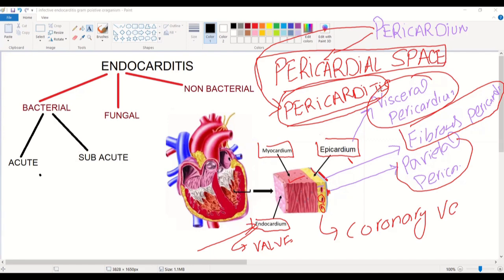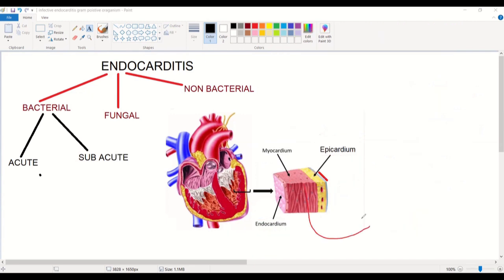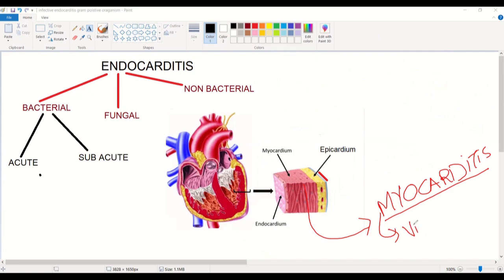After idiopathic, then it is viral. The middle layer is the myocardium. Inflammation of the myocardium is known as myocarditis. Can anybody tell me the most common cause of myocarditis? It is viral.